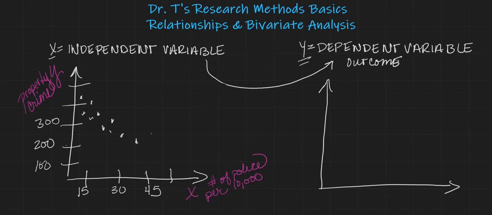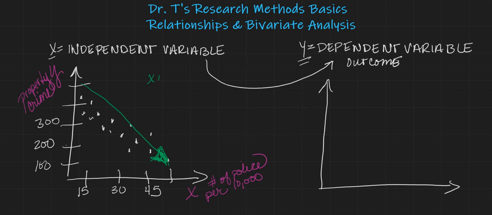where across all of the cities we examine, it appears as if there's a relationship between the number of police per 10,000 people and that city's property crime rate. And it looks like a pretty clear linear relationship here. And it's going down from left to right.